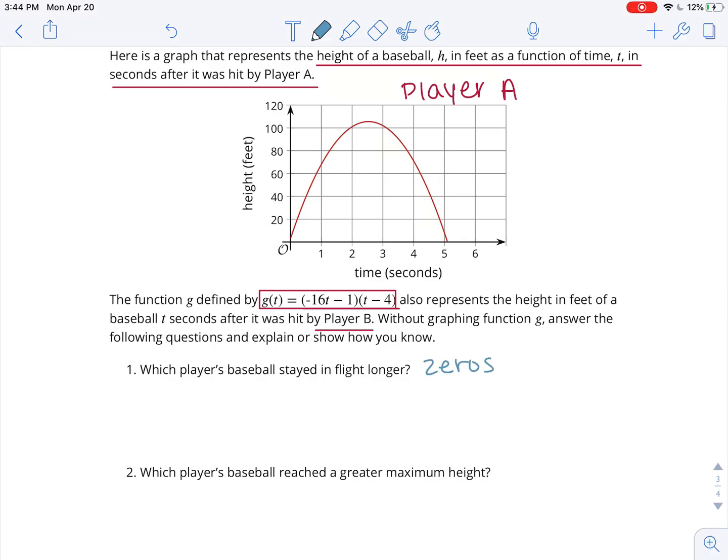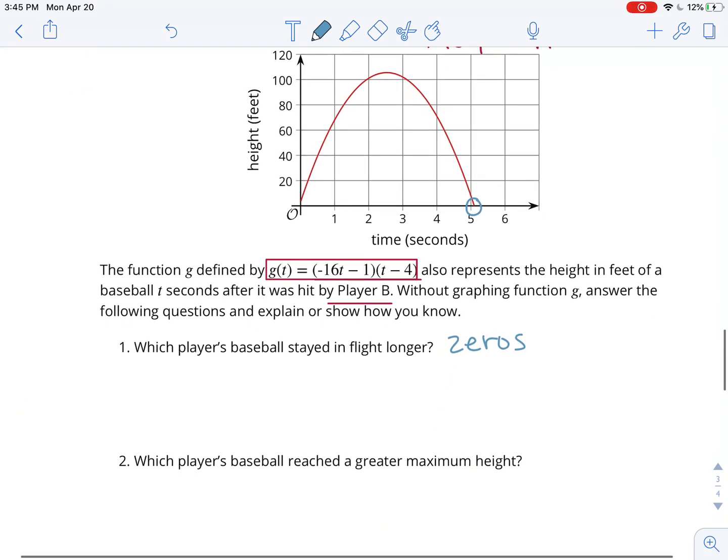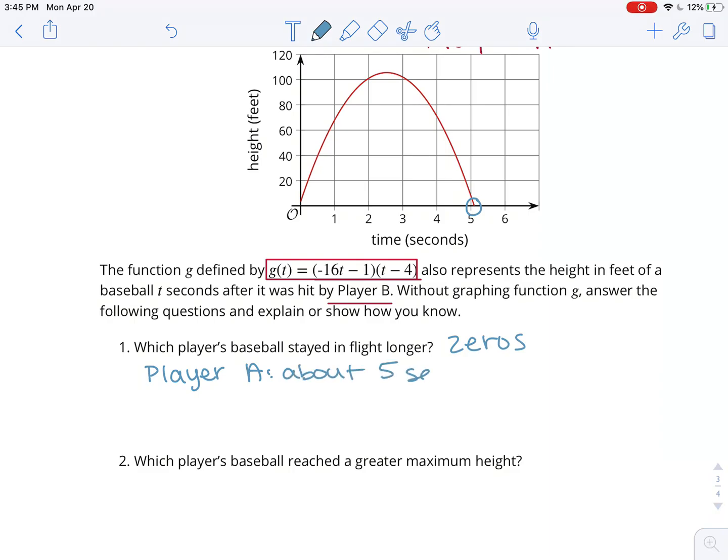In our graph for player A, we can see that the zero is at just a little over 5 seconds. So we know that player A's baseball is in flight for a little over 5 seconds.